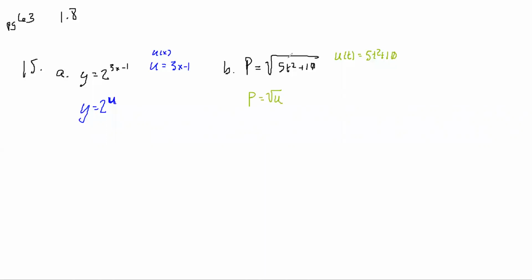What we could say is that we have this function p of t that we've now turned into p of u of t. That's kind of what they're going for here. The important thing to remember is: take the inside function, turn it into a different function so that we end up with something that's simple to work with.